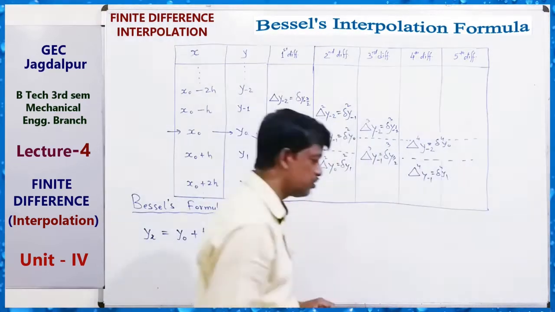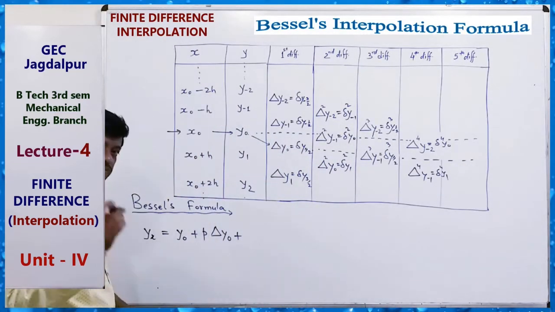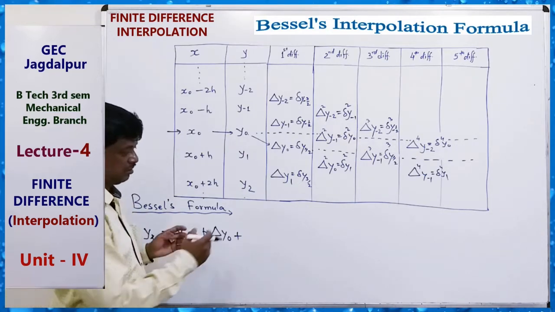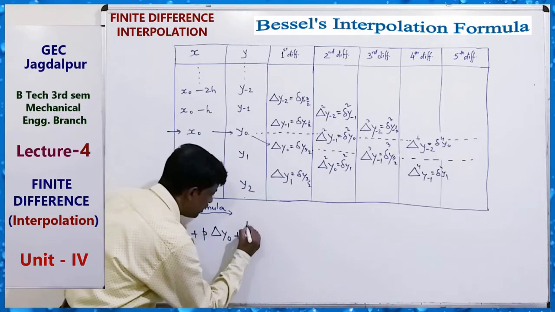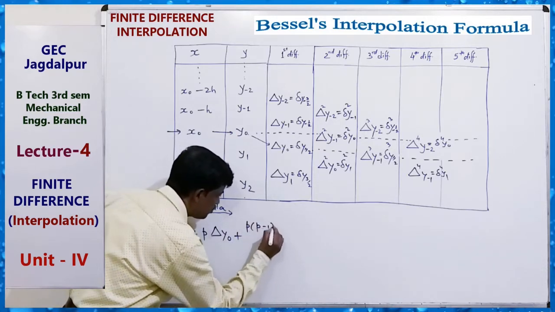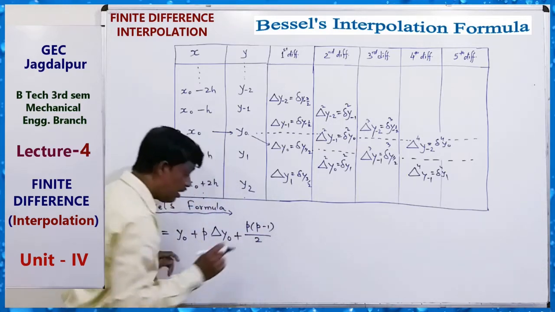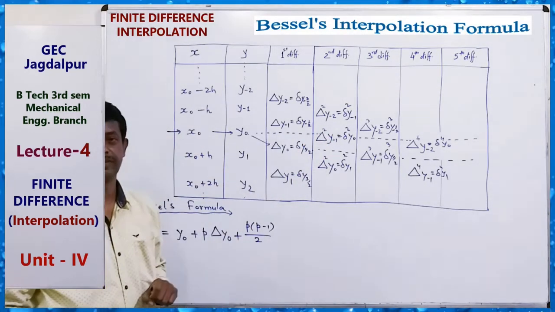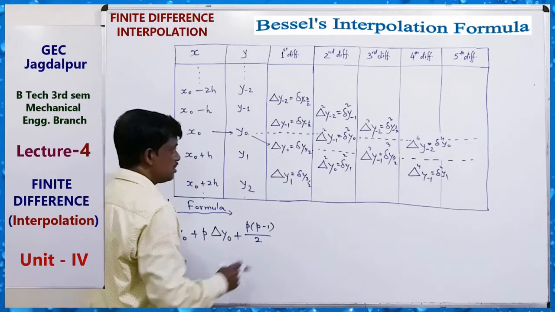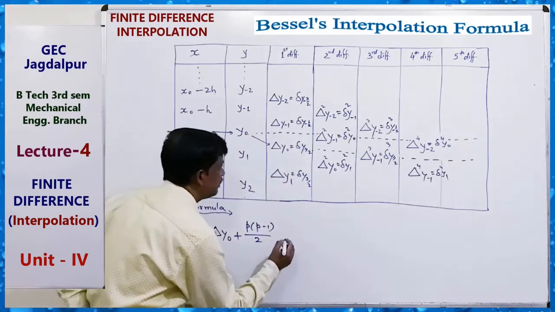Now p minus 1 by 2 factorial. Here the value of p is different in both formulas. So p minus 1 by 2 factorial. Now average this and then average of these two. Okay. So average of what?